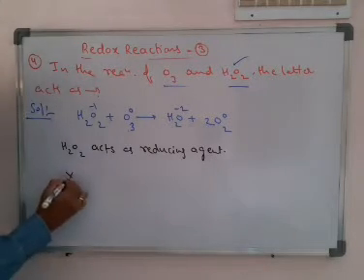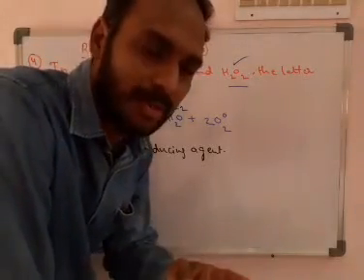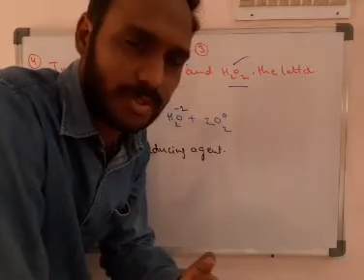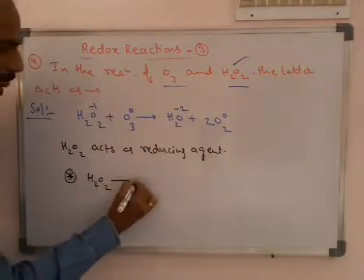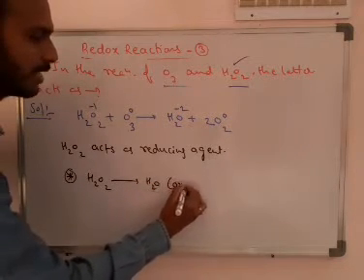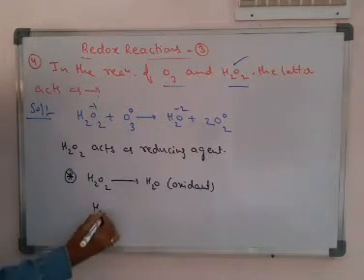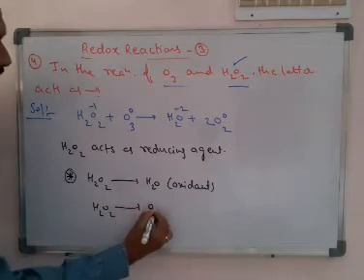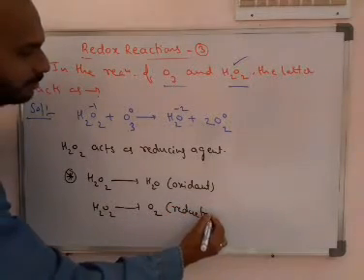We said there are two possibilities for hydrogen peroxide: it may work as an oxidizing agent or as a reducing agent. If hydrogen peroxide acts as an oxidant, nothing but an oxidizing agent, it releases H2O. If hydrogen peroxide releases oxygen, it works as a reductant.